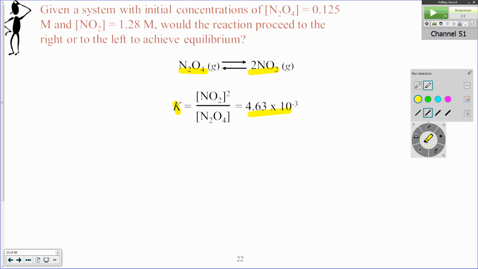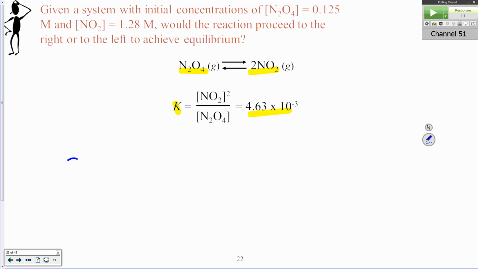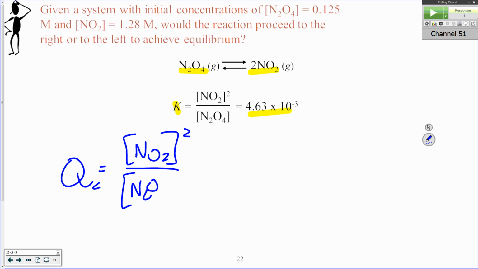Okay, so let's look at plugging it in. The first thing I need to do is simply calculate Q. What is Q? It's still calculated exactly the same way. It's products over reactants. So I'm going to put in my values.